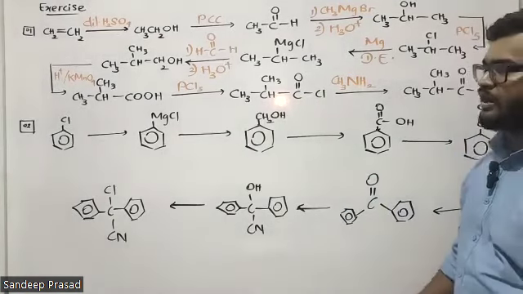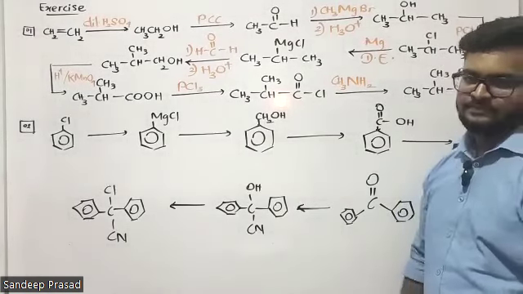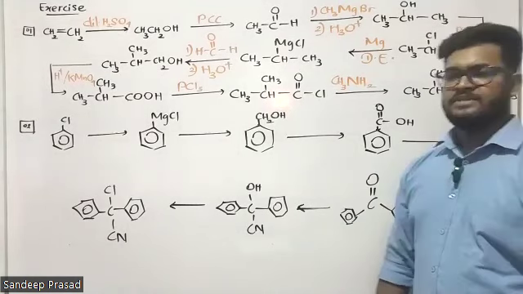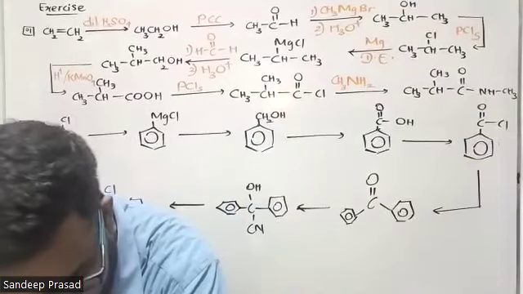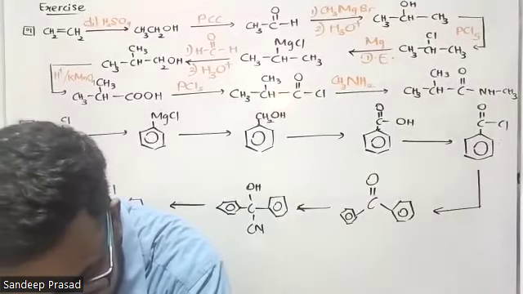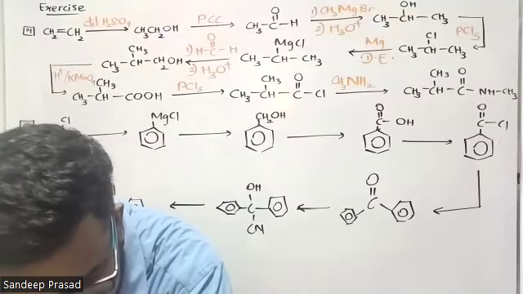Let's see how many of you can identify that mistake, right? I have done a mistake in this conversion. Tell me what is the mistake I have done in this conversion.